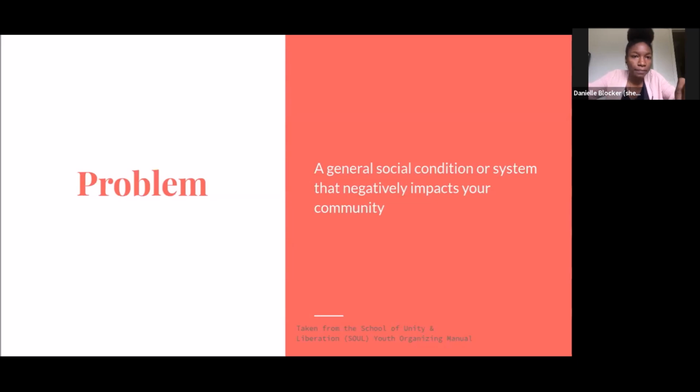Menstrual stigma, education equity, climate. Absolutely. So these are all really big problems. Racial justice, rights of women leaders, equity in healthcare.